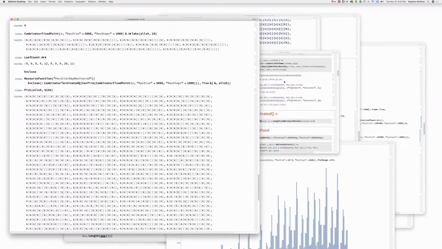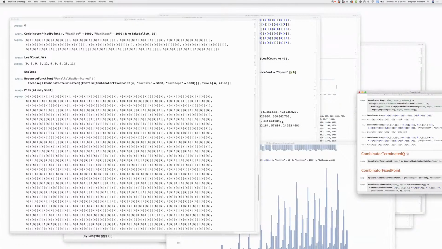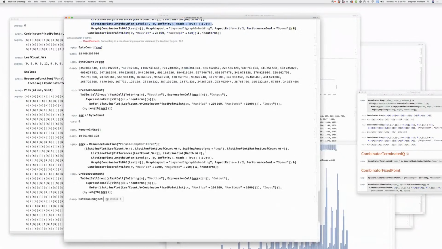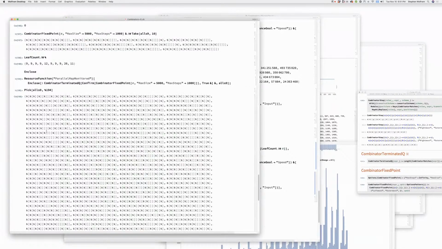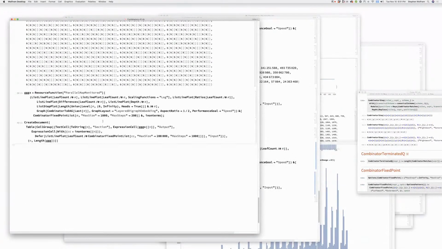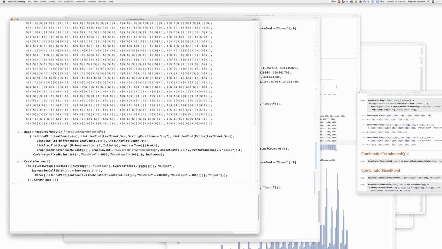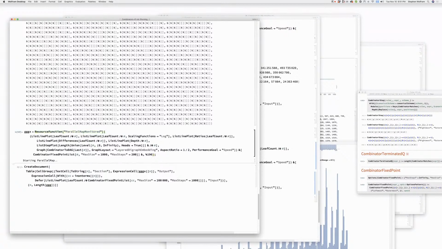Okay, so let's use our scheme from before where we generated... so this should be, hopefully... why is this so slow?